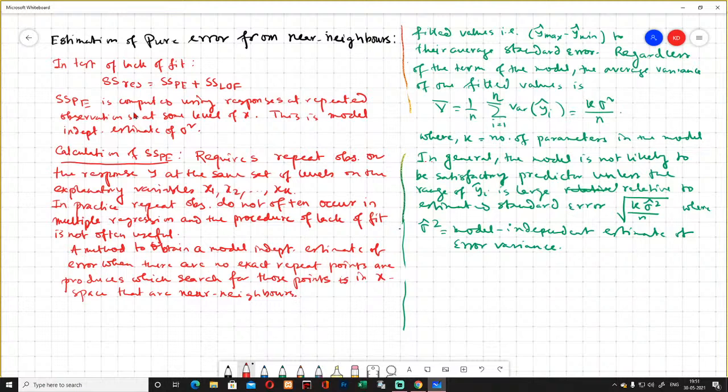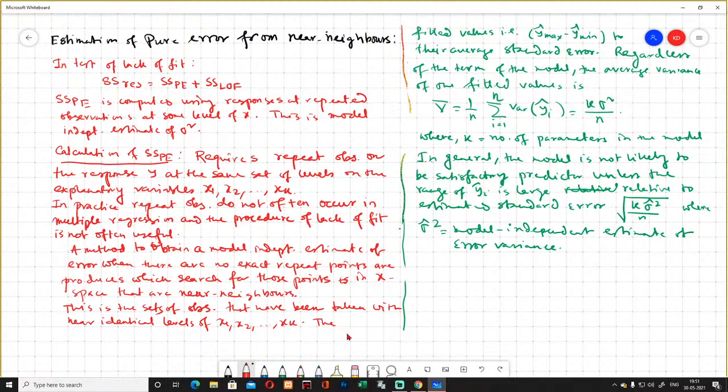This is the set of observations that have been taken with near identical levels of x1, x2, up to xk.